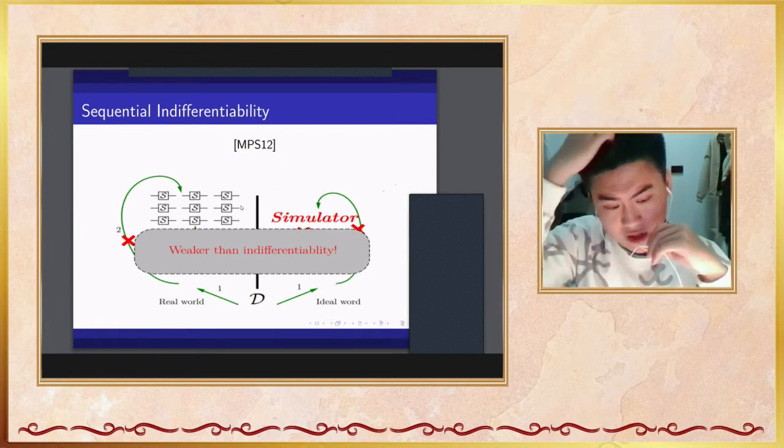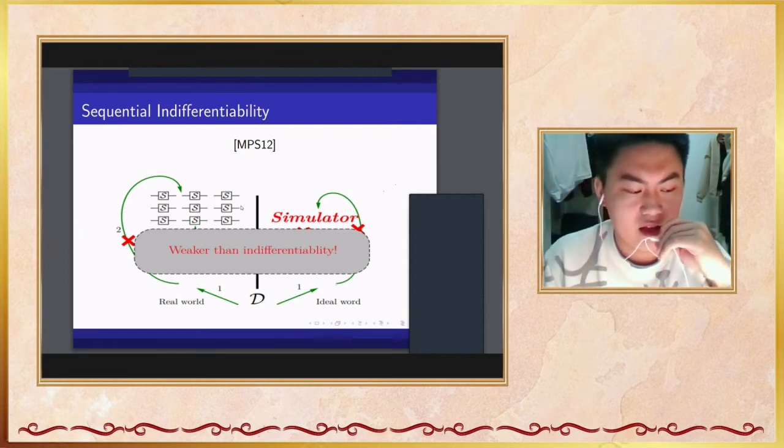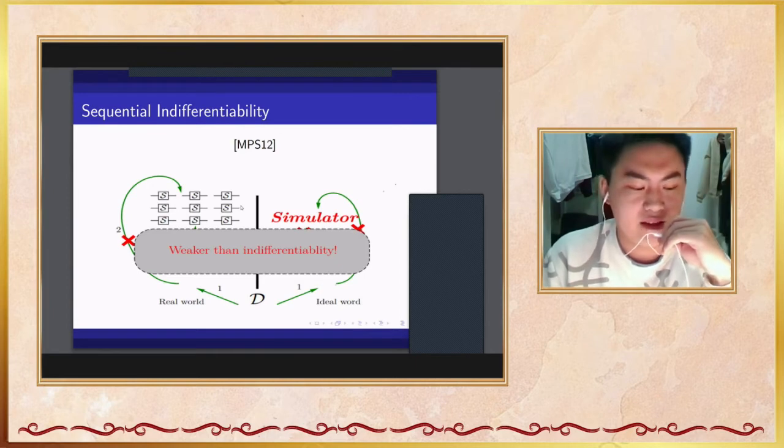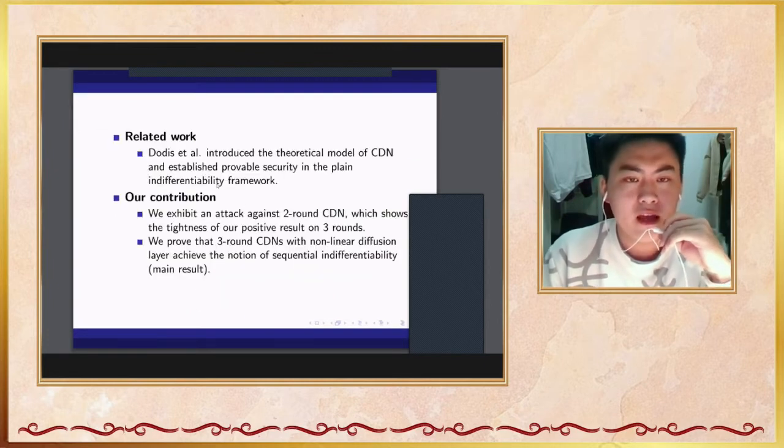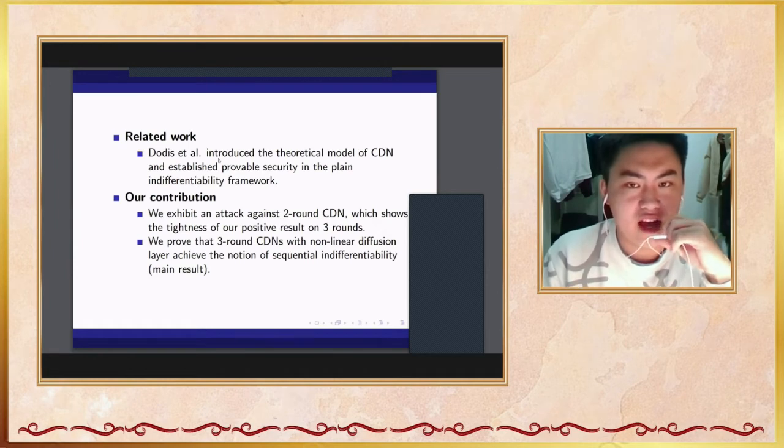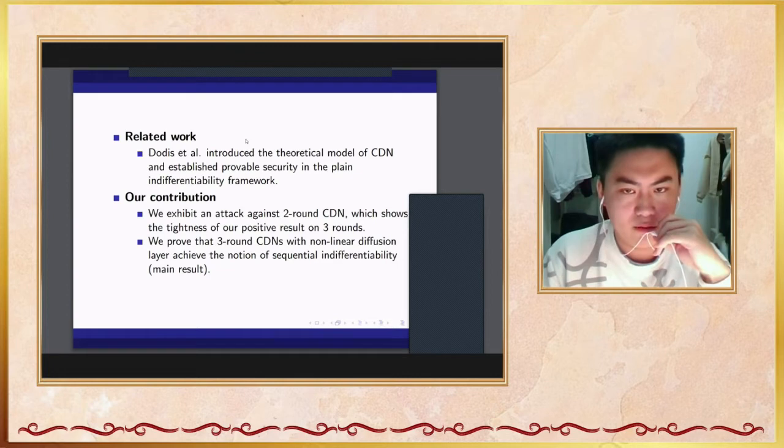The sequential indifferentiability notion has the advantage of being simpler and easier to use in the proof, but it is still strong enough to imply correlation intractability. Previous work introduced the model of CDN and established the provable security in the plain indifferentiability framework using a nonlinear D-box. Five rounds are proved indifferentiable.